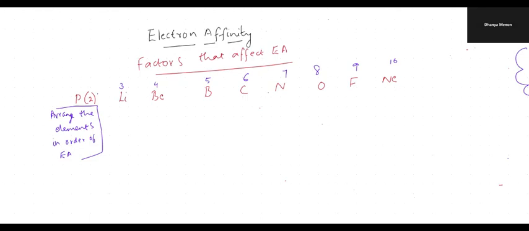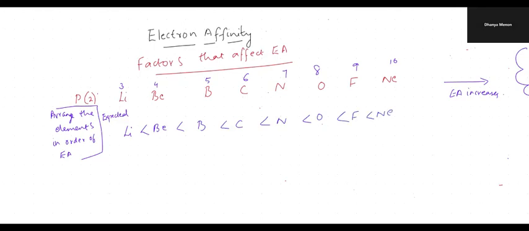From left to right, what is happening to the electron affinity? Increasing because the nuclear charge is increasing. So lithium will be less than beryllium, less than boron, less than carbon, less than nitrogen, less than oxygen, less than fluorine, and less than neon. So this is your expected order.